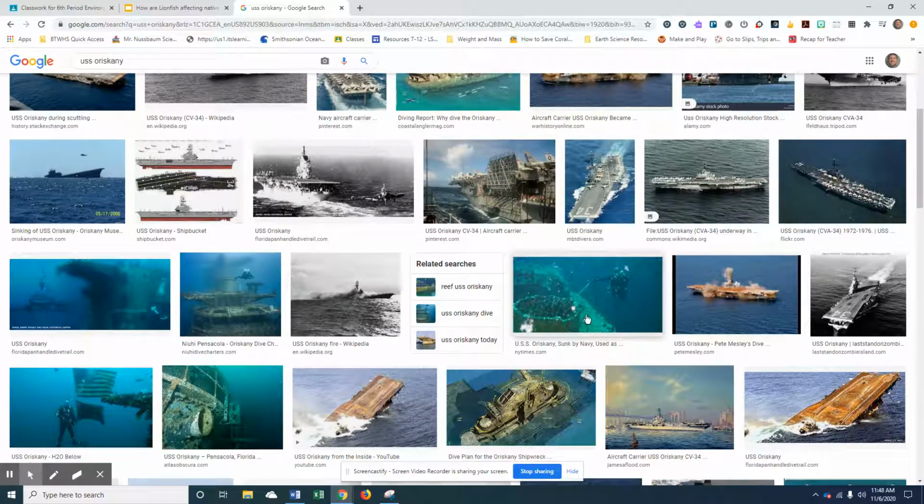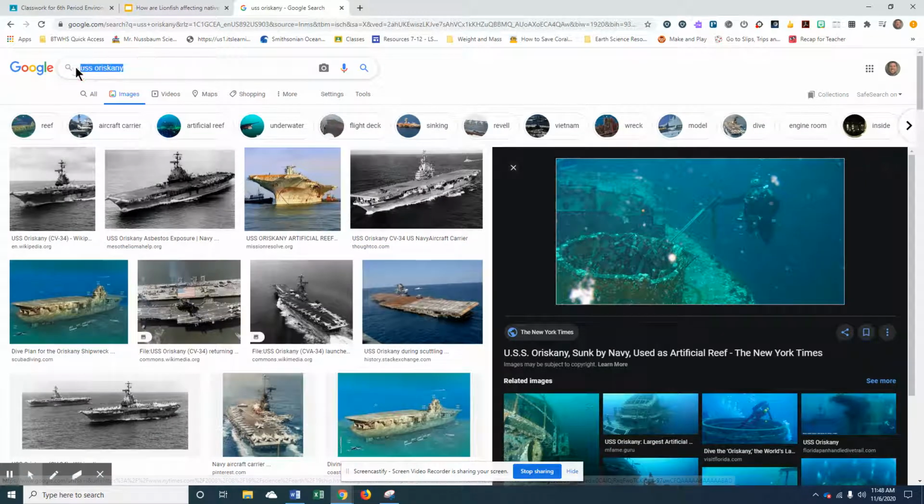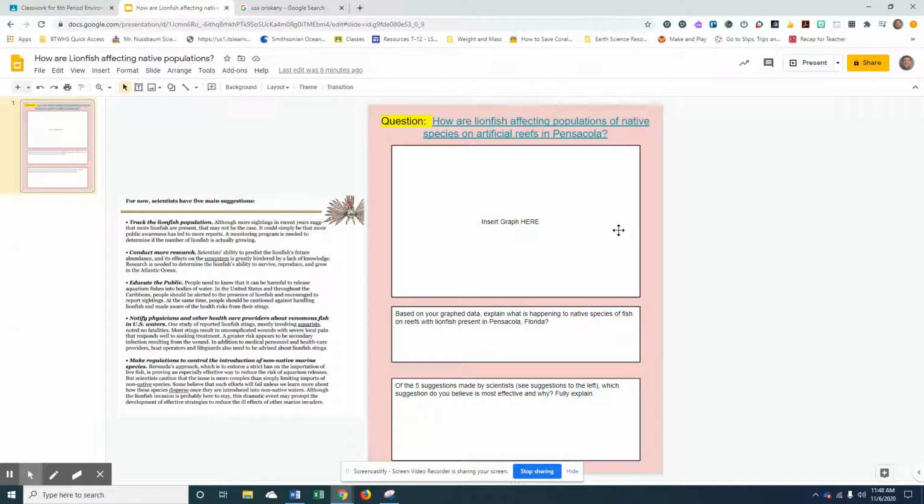And you can go dive it. It's extremely deep. But this is an example of an artificial reef. It's shipwrecks, but there's also other types of reefs as well off of our beaches. And these reefs are habitats for native populations of different fish and different crustaceans, crabs, echinoderms, that sort of thing.